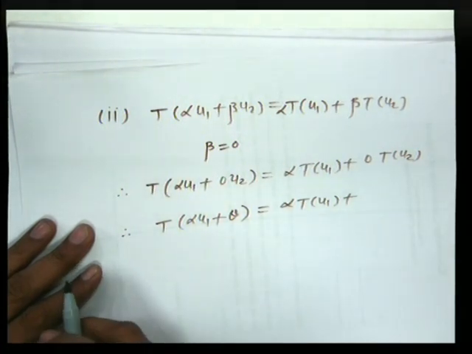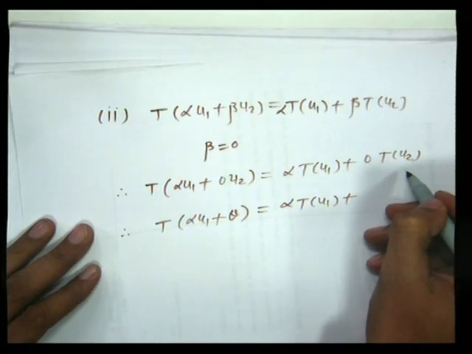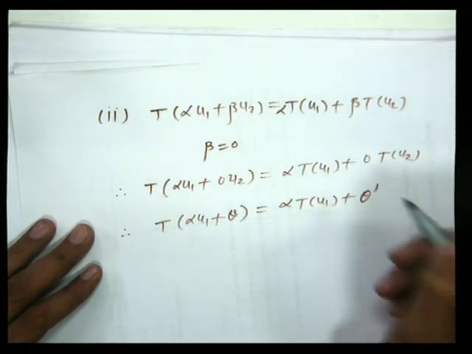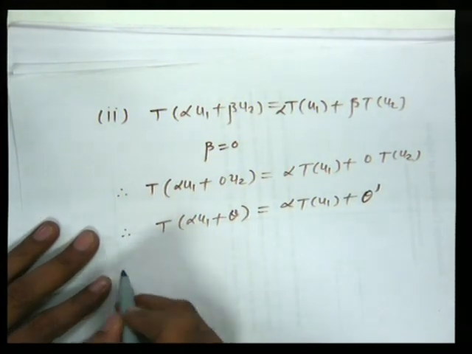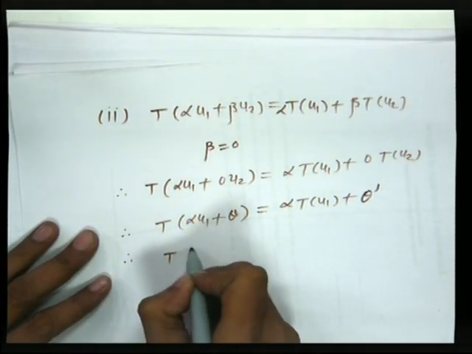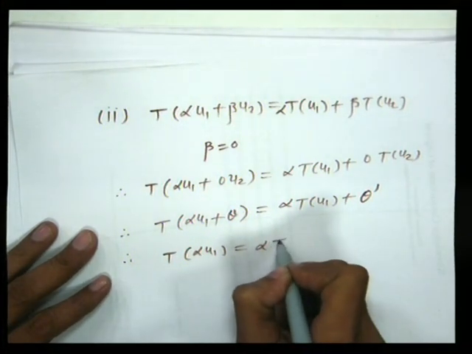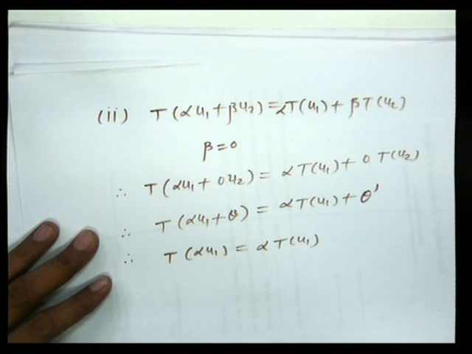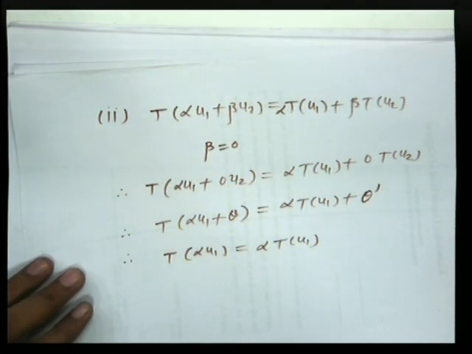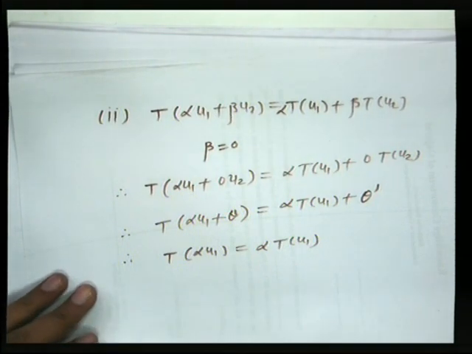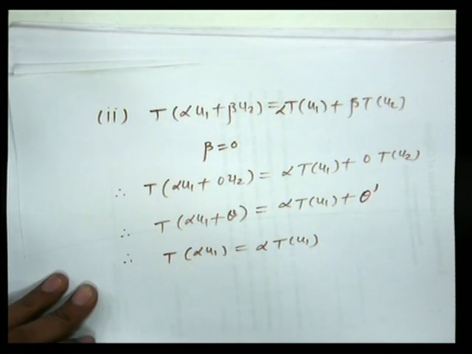Now T of u2 is a vector of V, so 0 into a vector of V equals theta dash, the 0 vector of the codomain space V. Therefore we get T of alpha u1 equals alpha times T of u1 for every alpha and for every small u1 belonging to capital U. So this proves the second condition of the linear transformation.